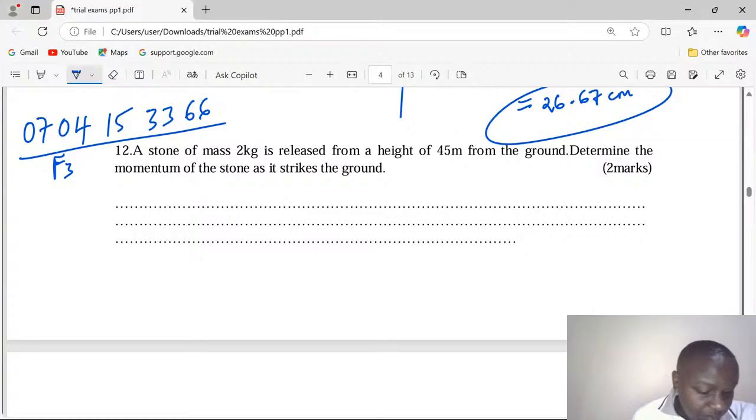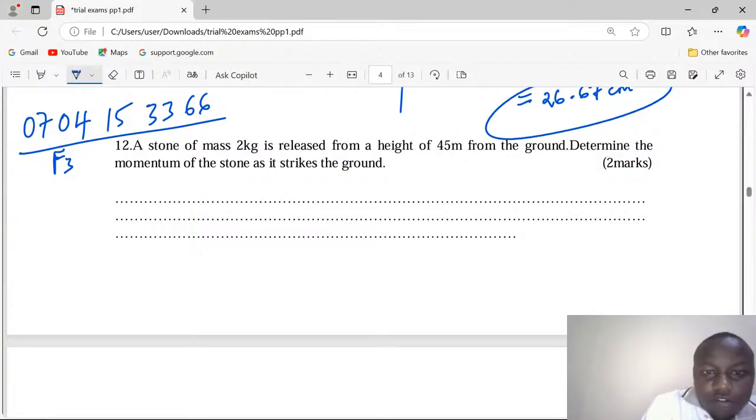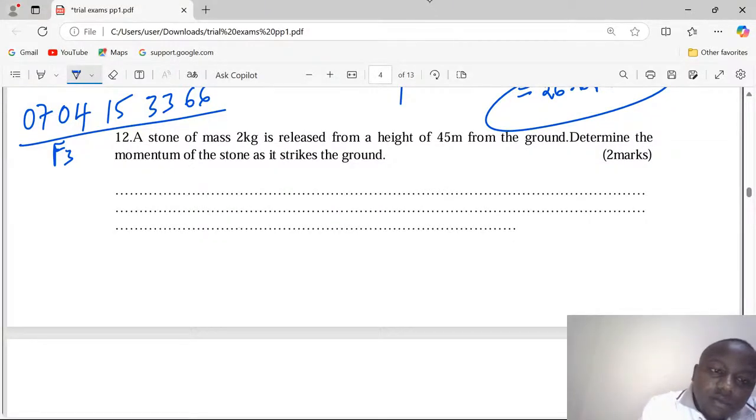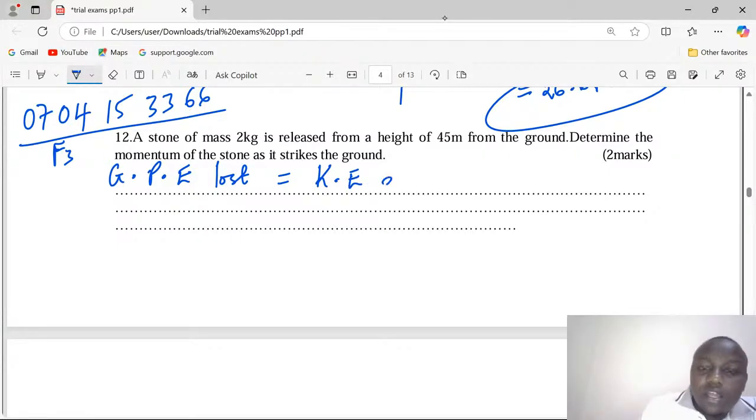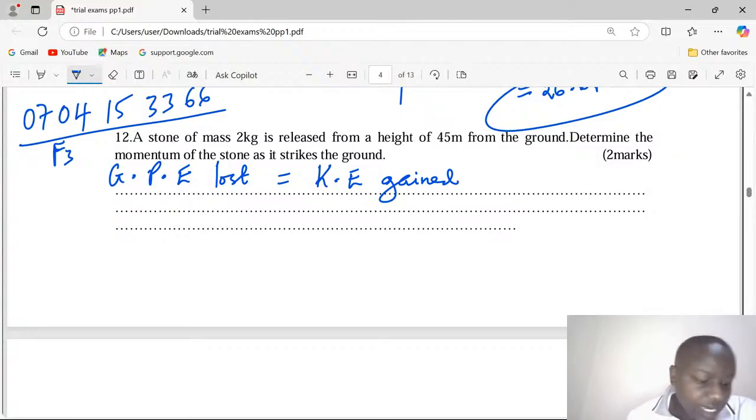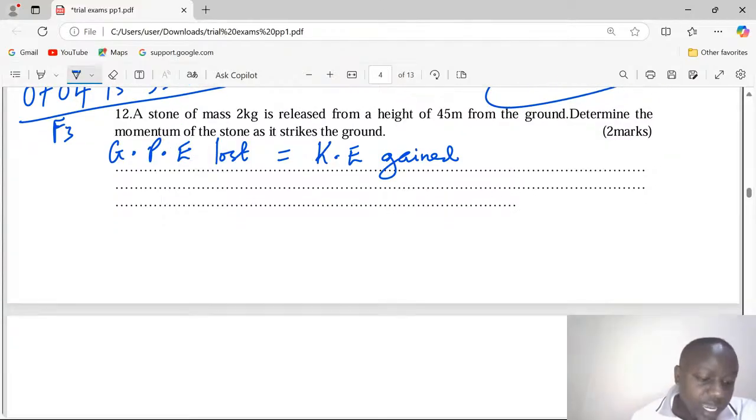The gravitational potential energy the body is going to lose will be equal to the kinetic energy the body shall gain.